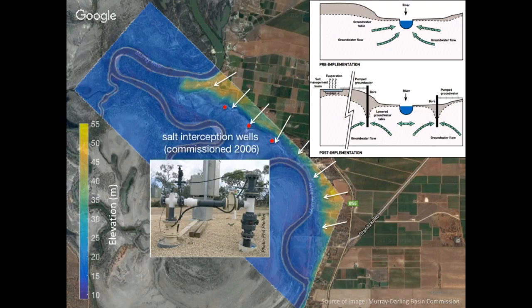And now the idea was to put in some pumps in here that would haul in this salinized water, pump the groundwater in, and then you're pumping it back uphill and storing it in some ponds up here.